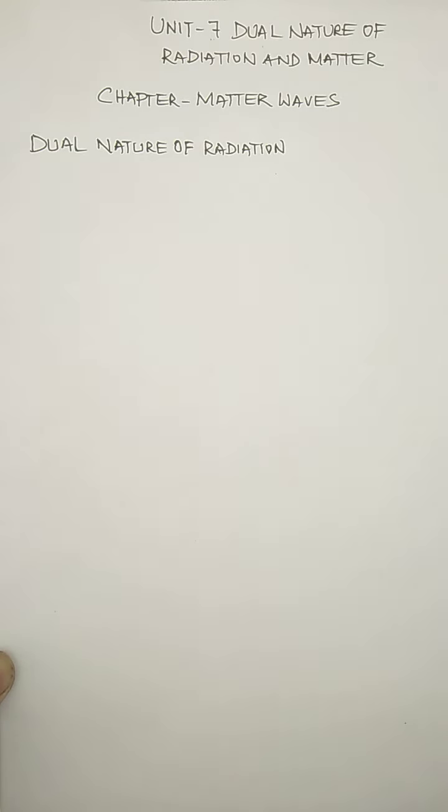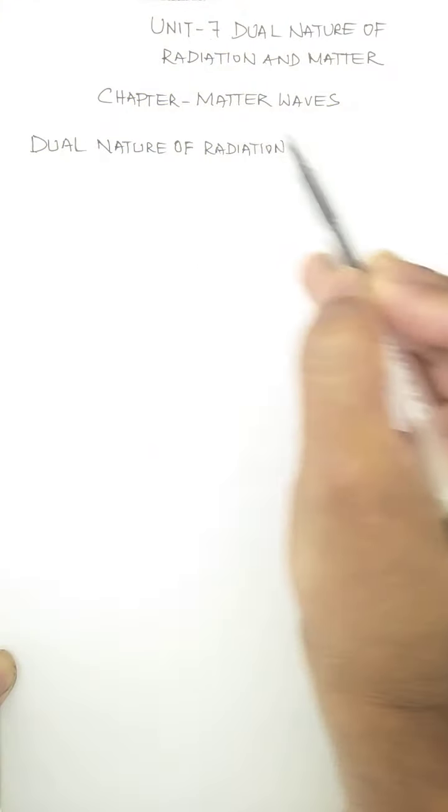Now to start this chapter, let me tell you a very important fact, especially with the nature of light or radiation. The important fact about the nature of light or radiation, which is verified experimentally by considering different theories and different phenomena, is actually called dual nature of radiation.